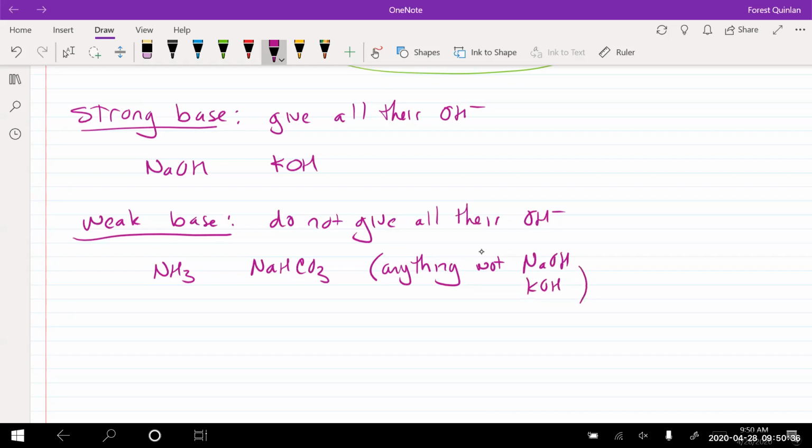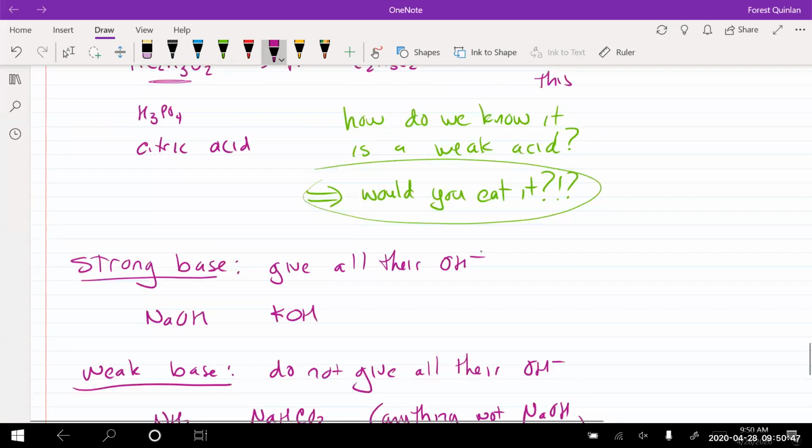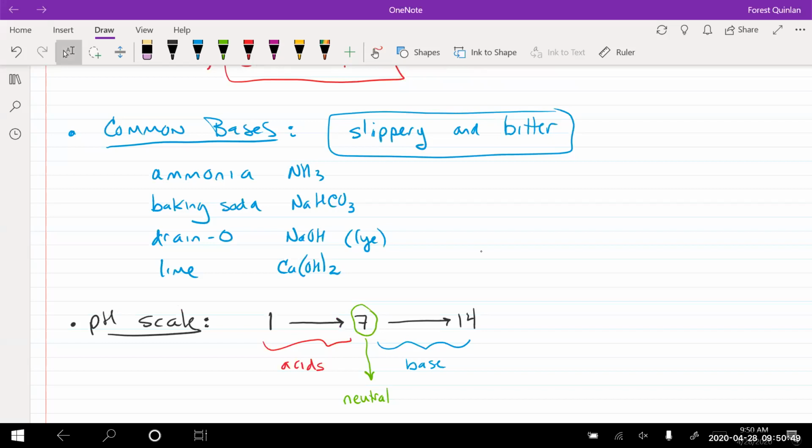Now again, I'm only going back up to those common ones that we see that I put up here, because bases, there's not that many of them that we are familiar with, so I'm just going to keep it simple.